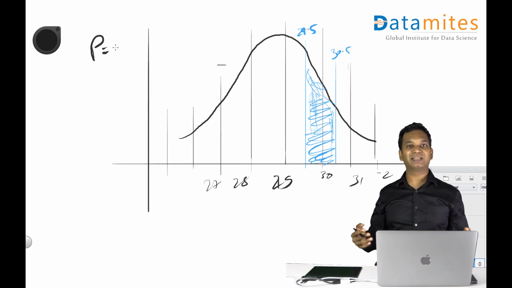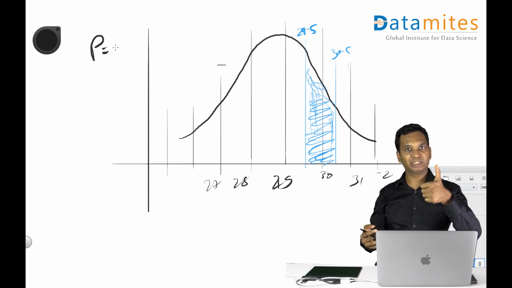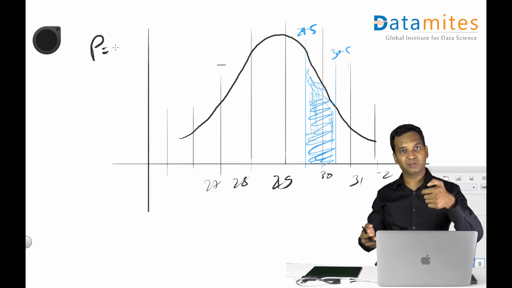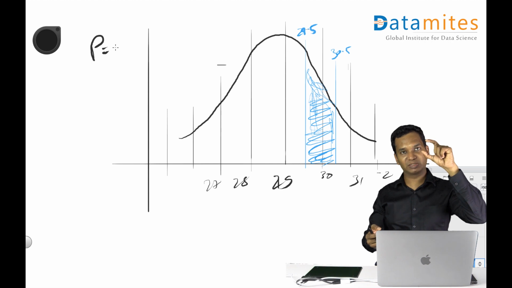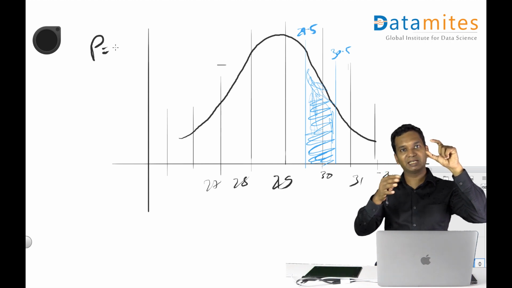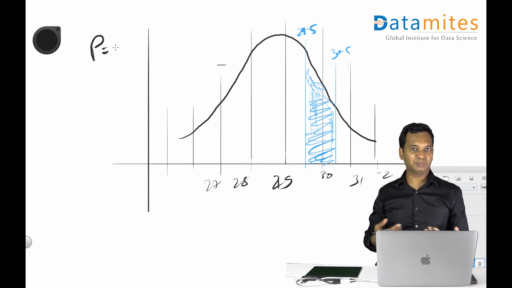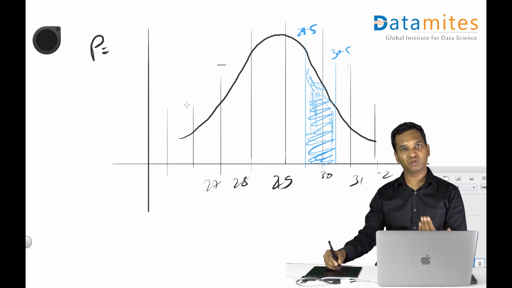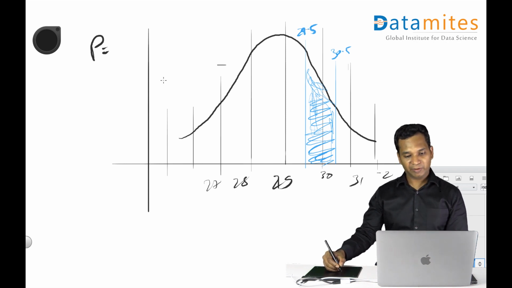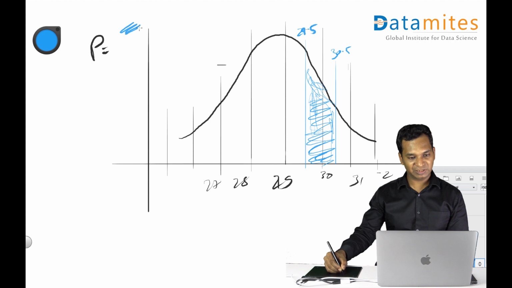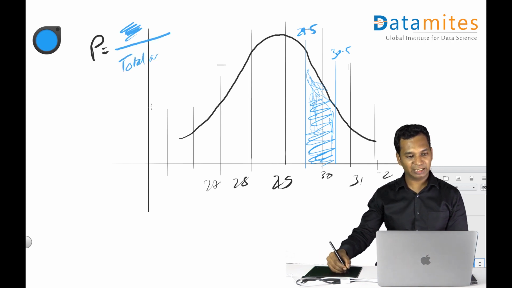If you ask what's the probability of getting a head in a coin toss, you say 50% because head is one desired outcome, and total outcomes are head or tail, which is 2. 1 by 2 is 50%. It's simple, high school mathematics. Hope you remember that. So in this case, this area represents 30, divided by the total area, which is the entire area of this curve.